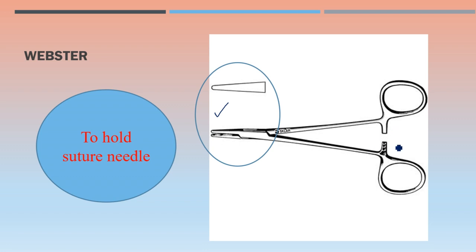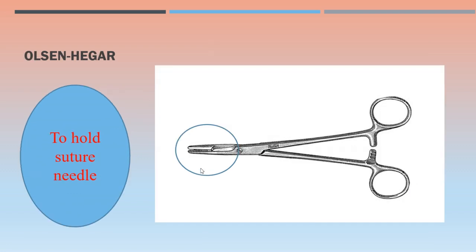You can see here, lock 1, second click, and third click. And you already know the purpose of the first, second, and third click in all the instruments having locks, right? So in Webster, the third click means crushing sort of thing. Holds very tightly. The Webster is like this.